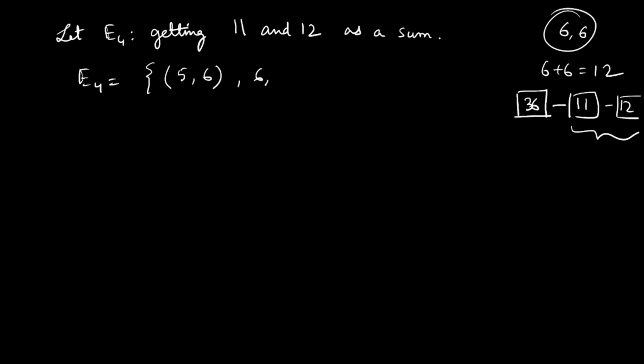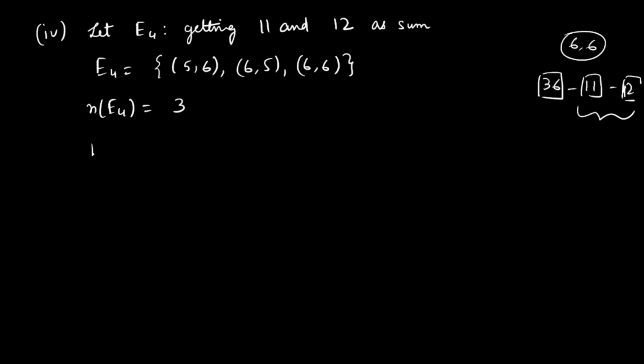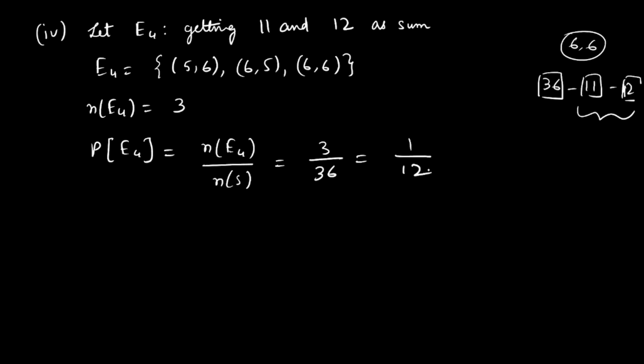And for 6, 6 comma 5 is possible, 6 comma 6 is possible. See, here we have just got 3 events. So the cardinality of this set will be 3. So the probability of the event E4, that is getting 11 and 12 as a sum, will be n of E4 by n of S, that is 3 by 36, that is 1 by 12, right?